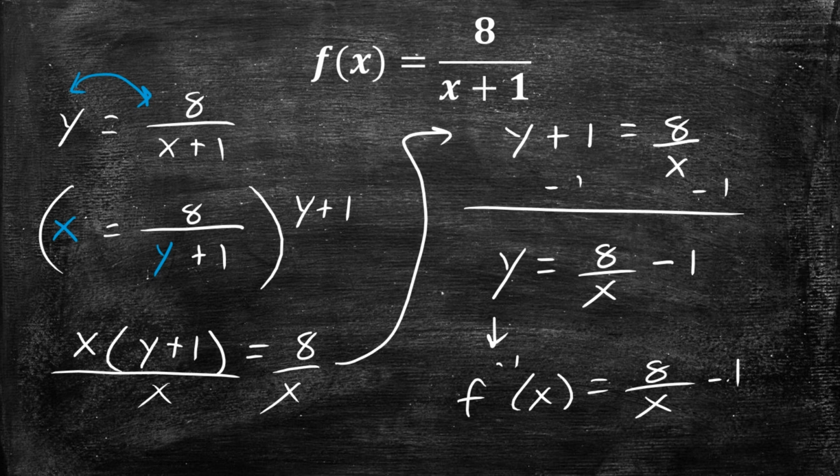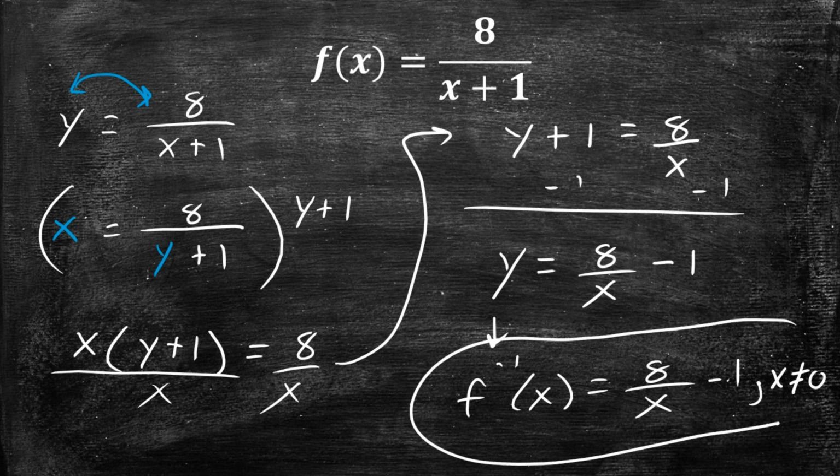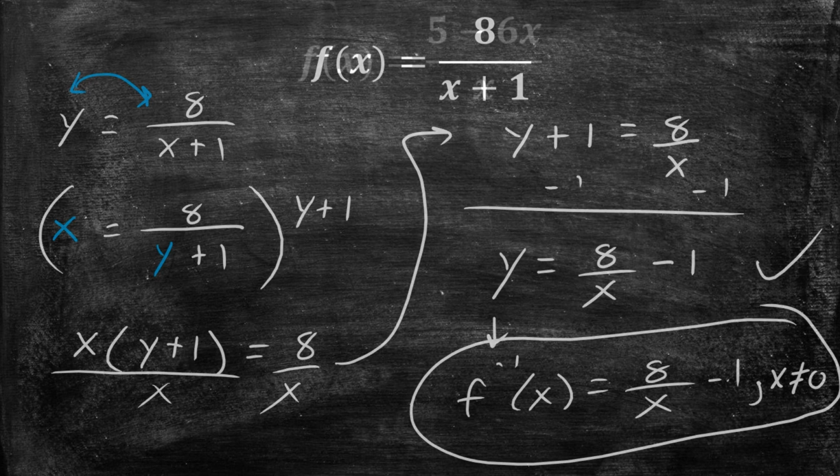Now, the only thing is that this x, we know that it can't be a 0 because it's going to become undefined. So what we usually do to denote that is we'll put a comma, and then we'll state that x cannot equal 0. And then that is going to be our final answer.